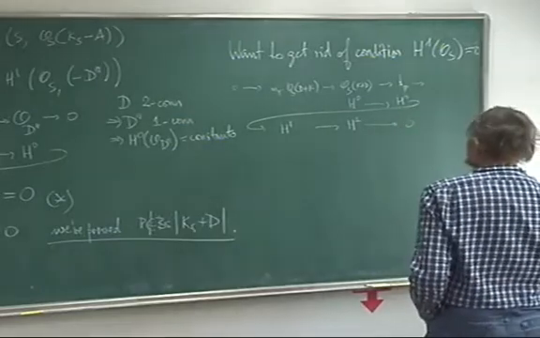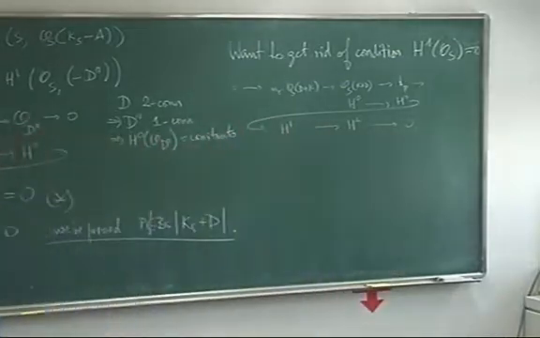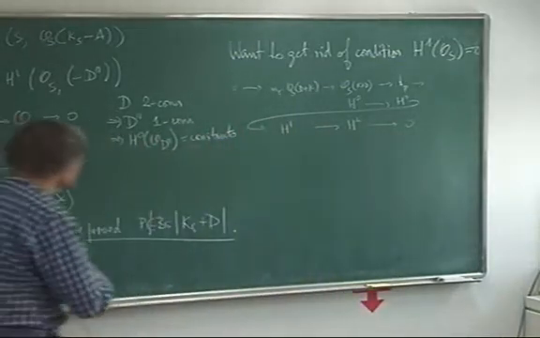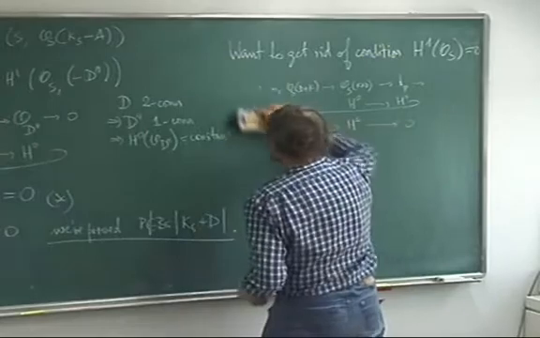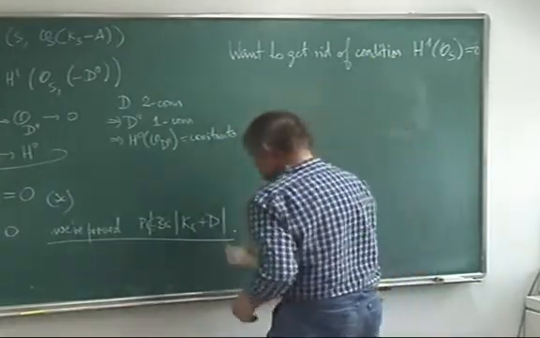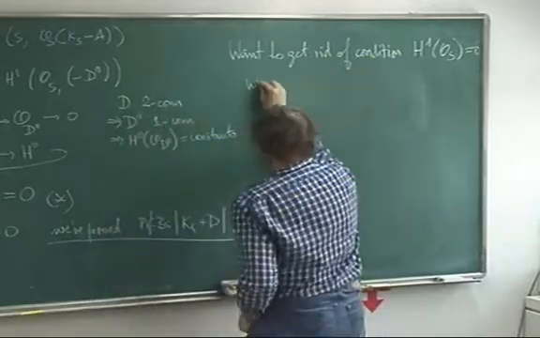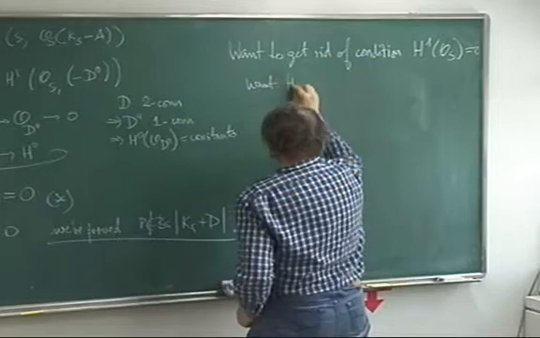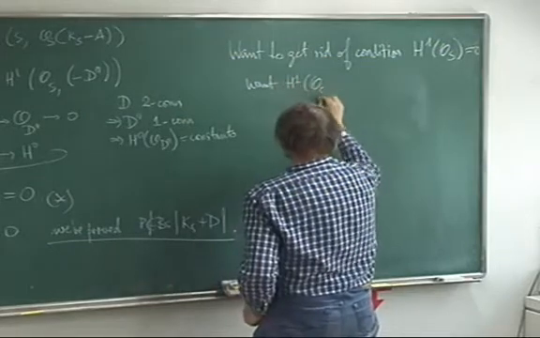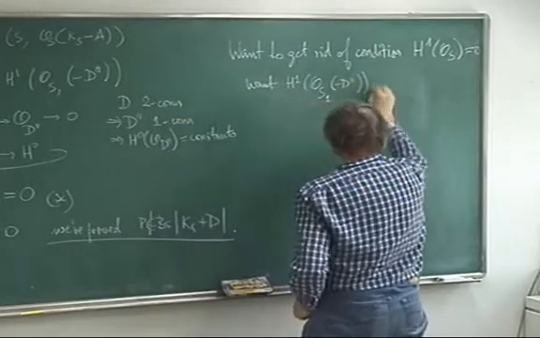I'm sorry, I'm confused. That's not what I meant to write down. So here I want to prove H1 OS1 of minus D double prime is 0.